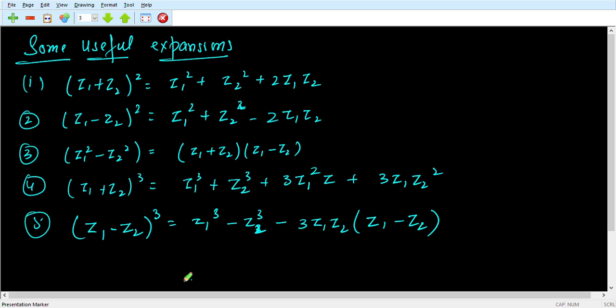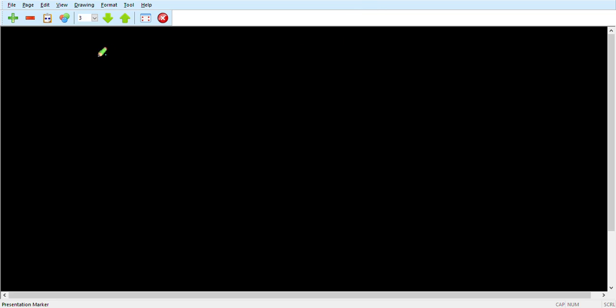There are a lot of problems which you should solve as an exercise. If you are interested, you should test me, and I will give you the question bank of complex numbers. Let us suppose it is given: express (4 minus 3 iota) to the power 3 in the form of a plus b iota.